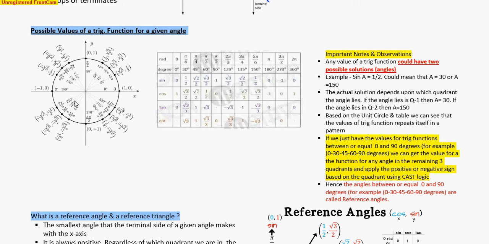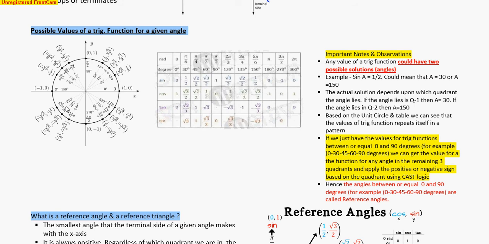And since 210 falls in the third quadrant, by the CAST logic, I know that sine will always be negative. If I can get the partner for 210 in the first quadrant, get that value and just make it negative, then I can get the value here.